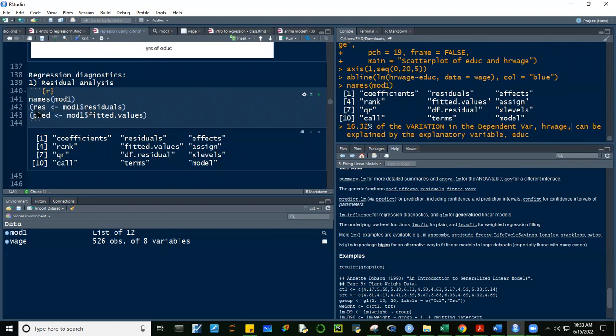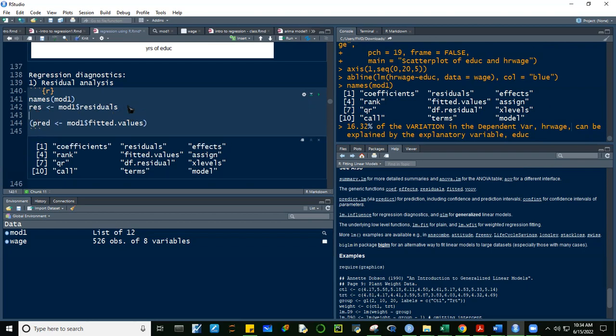If you take a look at this, guys, tanggalin ko na tong head na lang, no? Head ng res. Okay, here I'm creating an object called res, and galing siya sa model 1, then dollar residuals. So this is how we access any values or information from our model 1, the list.